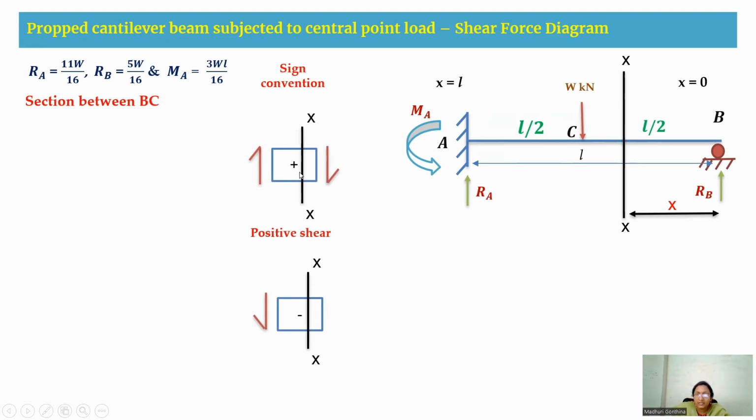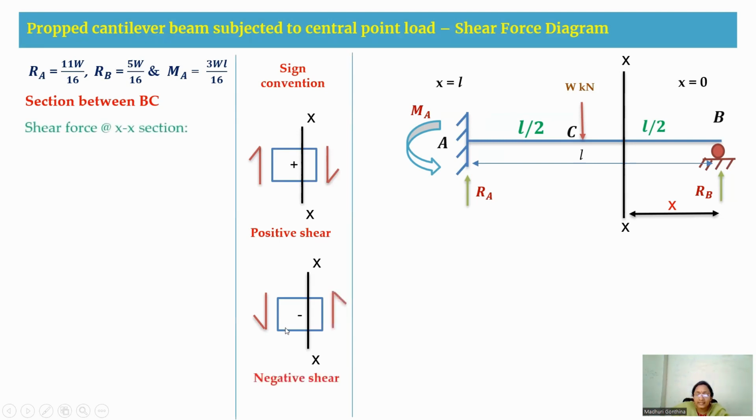When we cut a section in this beam, towards the left hand side or the right hand side, when the arrow is making a clockwise direction, that direction is said to be positive shear.